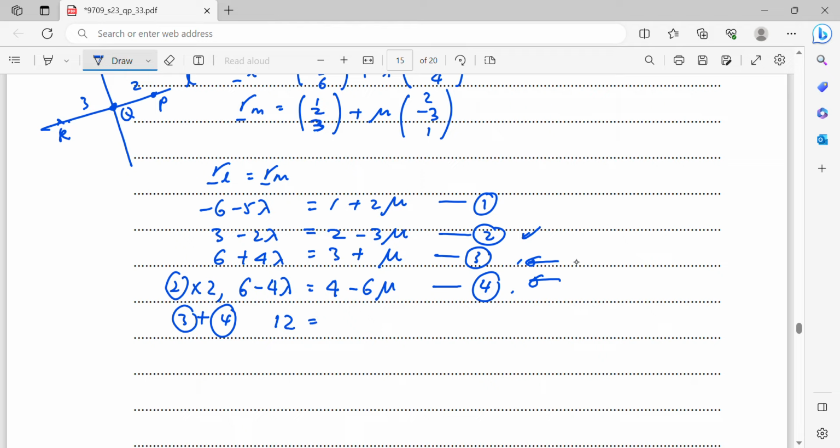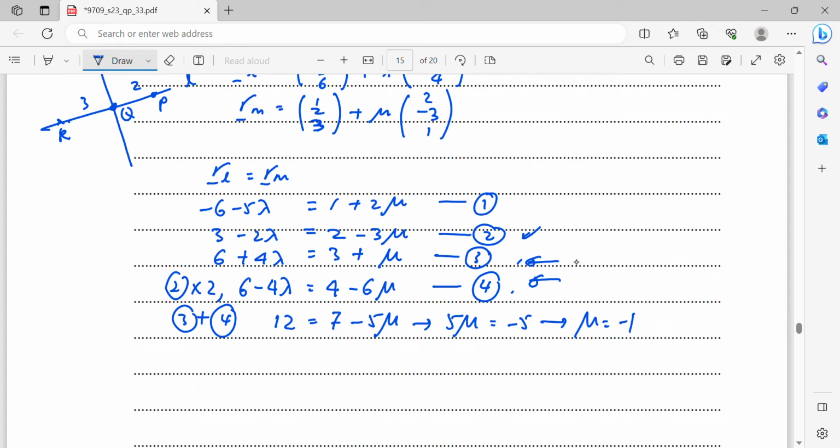Then for the right hand side, 3 plus 4 will be 7. So mu plus minus 6 mu, it will be minus 5 mu. So now from here, I can move my minus 5 mu to the left hand side. It will be 5 mu. Then my 12 will be moved to the right side. So 7 minus 12 is minus 5. Therefore, my mu is minus 1.